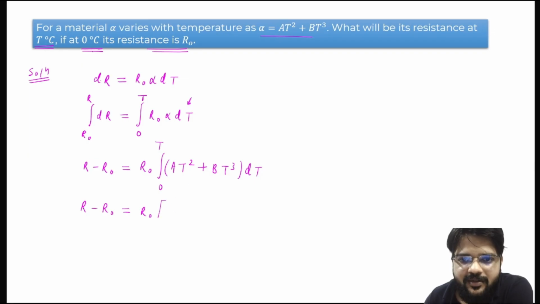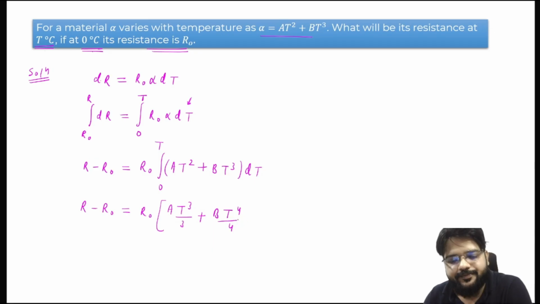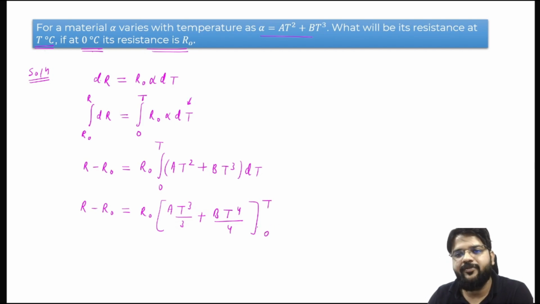So here we will get AT cube by 3 plus BT power 4 by 4. Upper limit minus lower limit. If I put the lower limit 0, all things will become 0. If I put T as the upper limit, all things will remain the same.